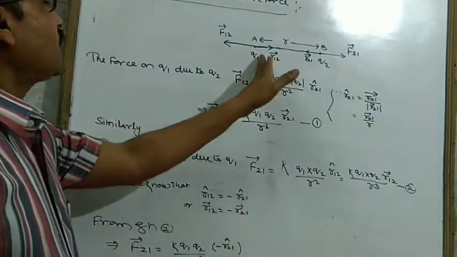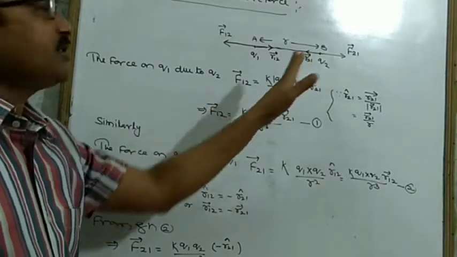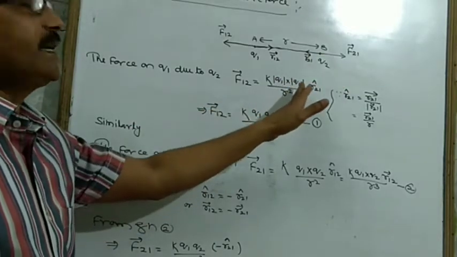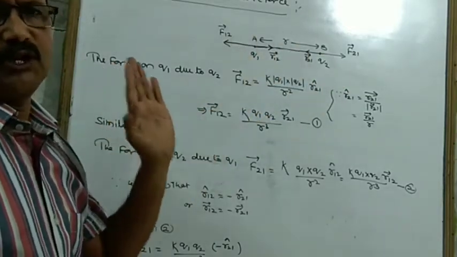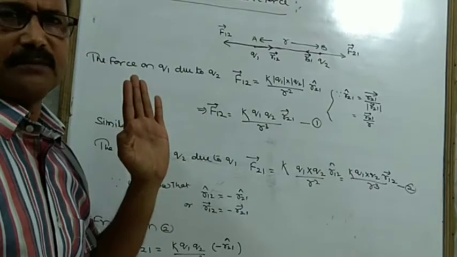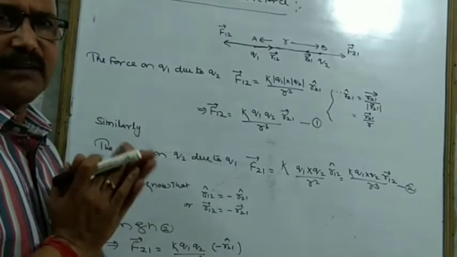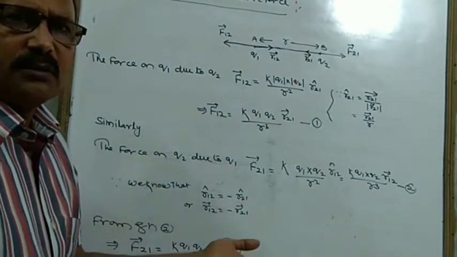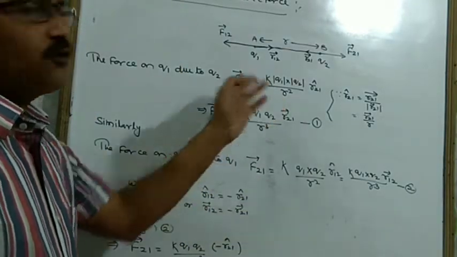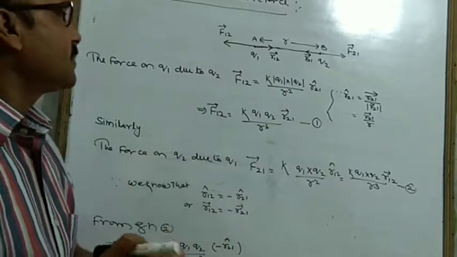Here you will see both the charges are positive, so there is no meaning of this magnitude to continue. You can remove it if the charges are positive. Whether it is positive or negative, you have to take the magnitude, which means a positive sign.